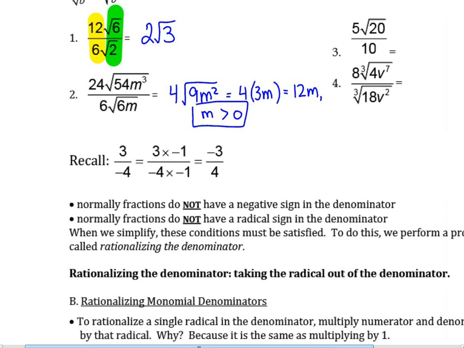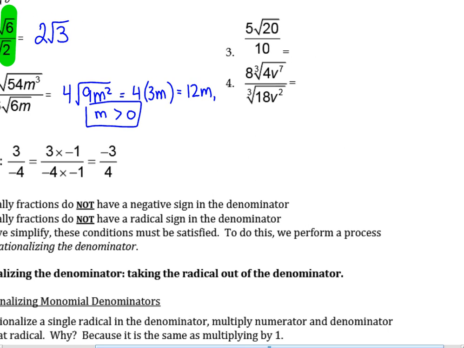This guy. What can I simplify in number 3? 5 and 10, what would that reduce to? If we divide both by 5, 1 over 2. Or you can also think of it as root 20 over 2. So you can write that as 1/2 root 20, or you can write it as root 20 over 2.